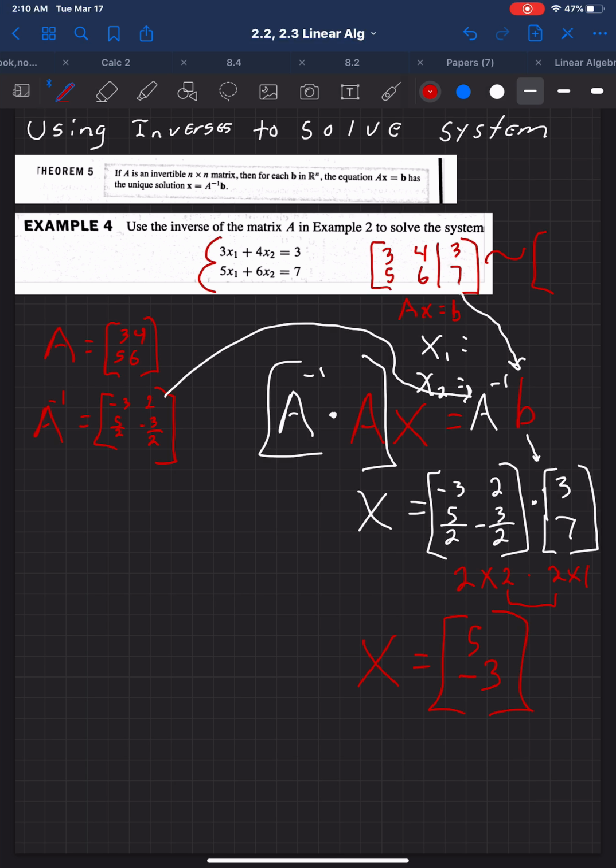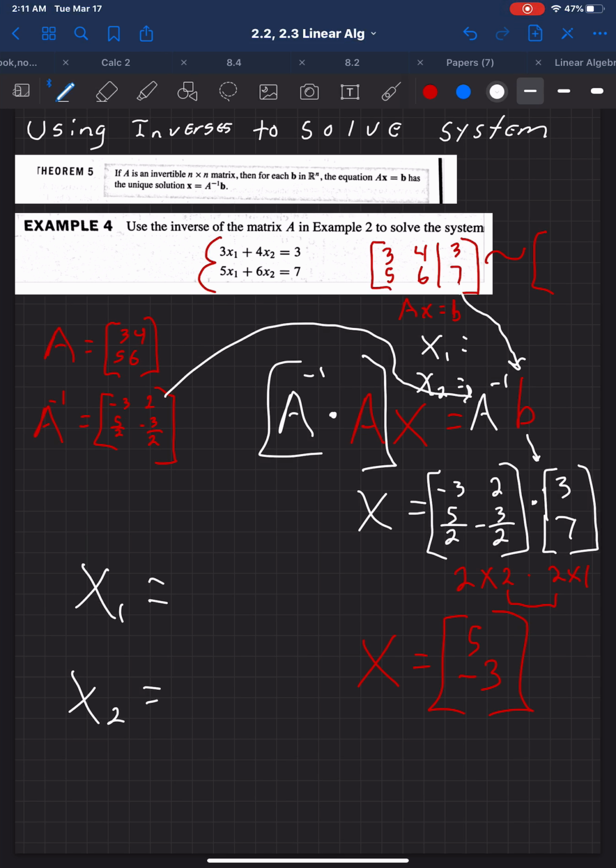What did you just do? You just figured out the goal of this problem, which is to solve the system. You didn't use the substitution method, elimination method. You didn't graph these two lines and figure out where they intersect. We didn't do all that work that you did in high school. We didn't even use the row reduction algorithm that's in our calculator.